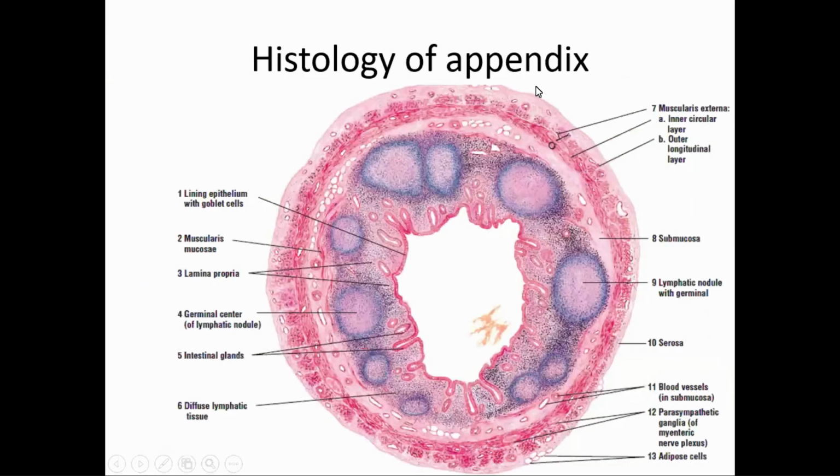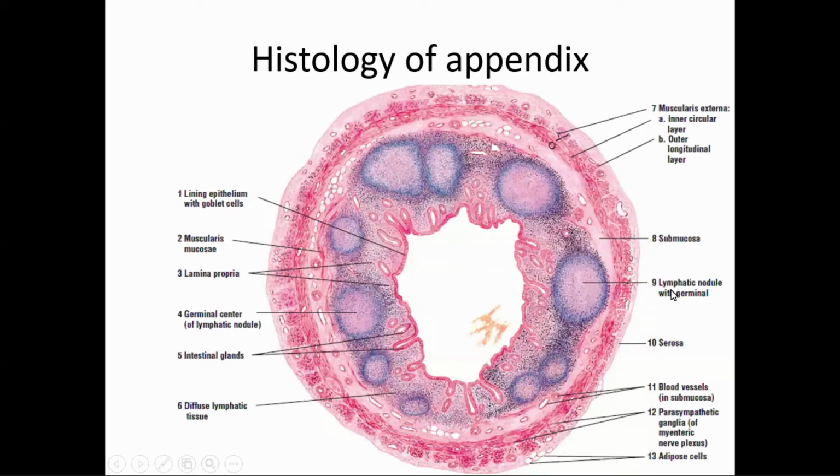Now the histology of the appendix. The wall of the appendix also consists of 4 layers from inside outward: mucosa, submucosa, muscular layer, and the serosa. The identifying feature of the appendix is the presence of lymphatic nodules in the lamina propria.